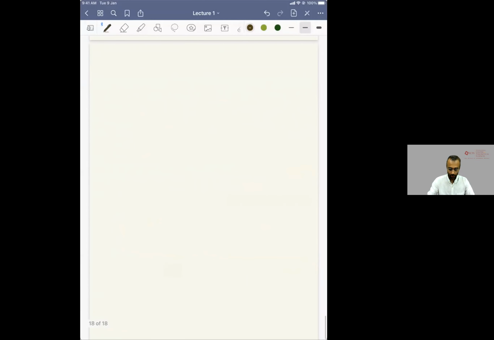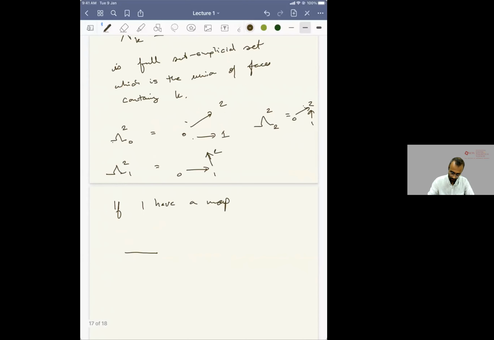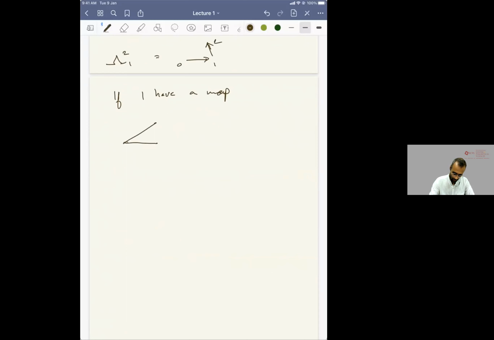Okay. So now, if you look at the geometric realization of the horn, you see that if I have a map from the geometric version of this thing, which is, let's say, this guy, to some space x, what does that mean?